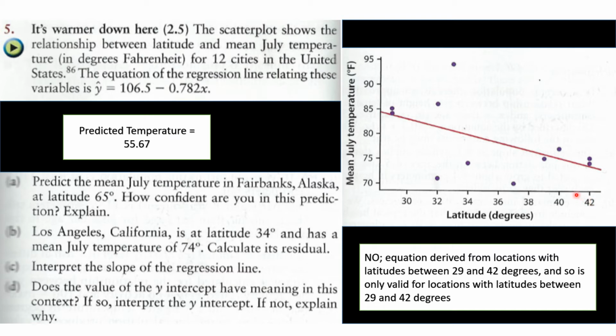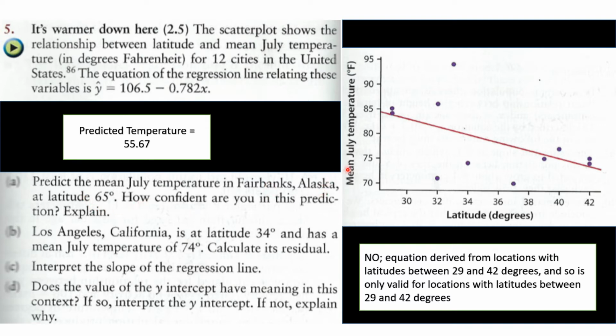That means that the regression equation we derived is only valid for locations with latitudes between 29 and 42 degrees. But Fairbanks, Alaska has a latitude of 65 degrees, which means that we can no longer validly use this equation to make predictions about the temperature of Fairbanks, Alaska.